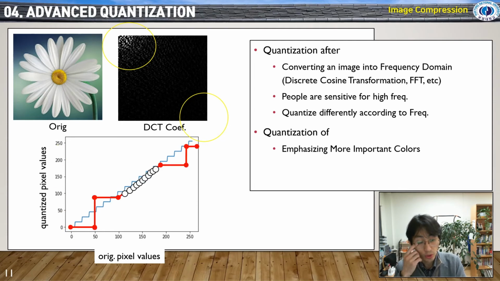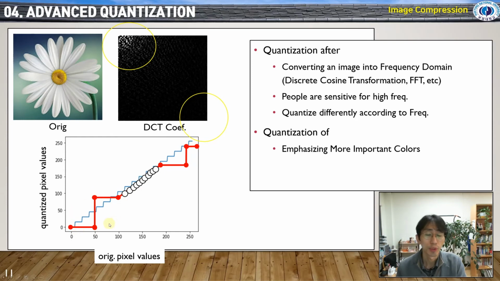But here we can choose the quantization points, and we can choose more points within a specific range of area, and we can choose a few points at the less important areas.